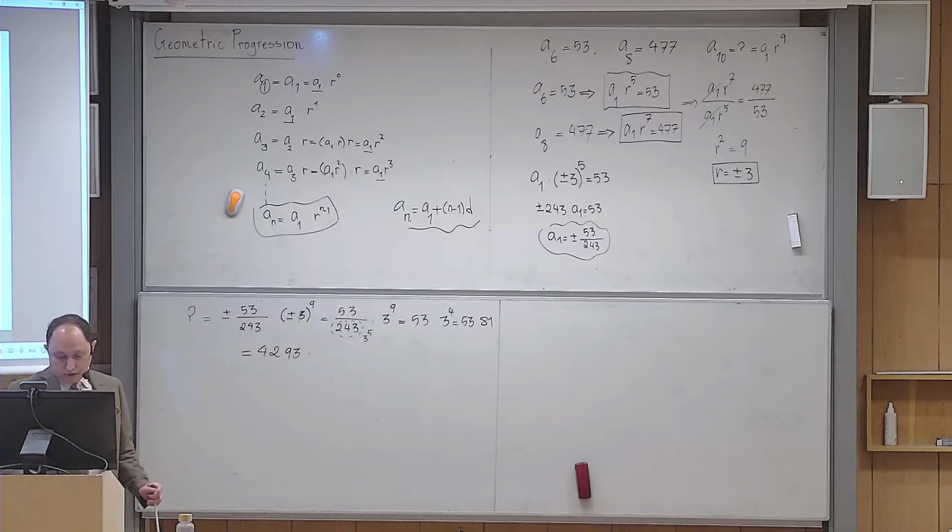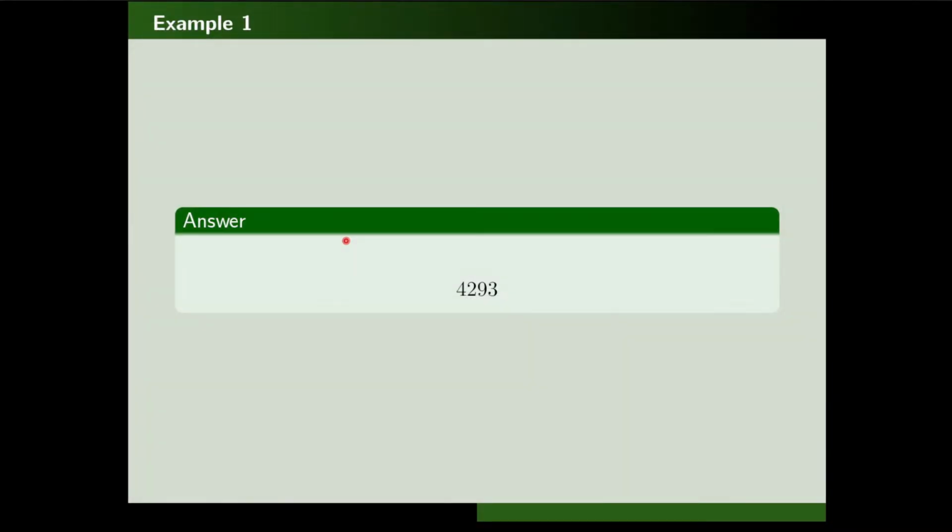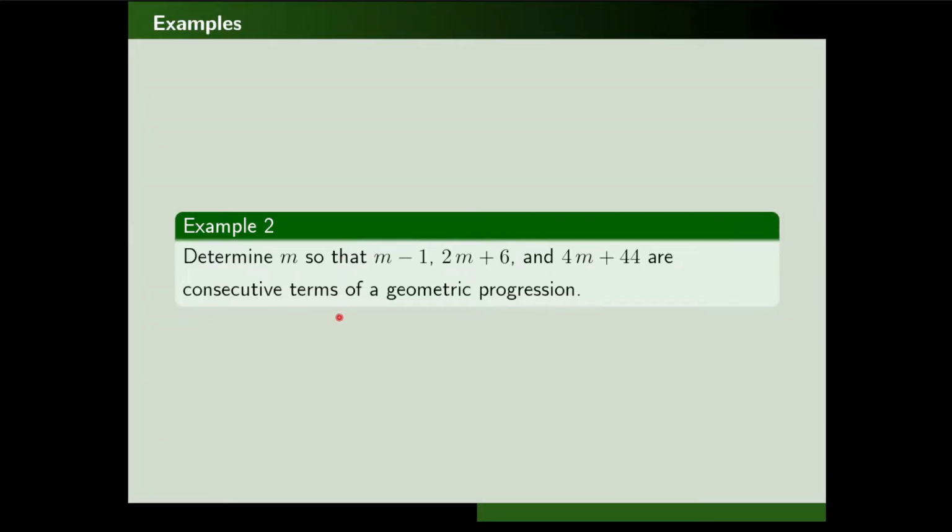Okay, so now let us go to the next example. I want to wait for you to solve it for me because the questions are actually simple. So determine m so that m minus 1, 2m plus 6, and 4m plus 44 are consecutive terms of a geometric progression.